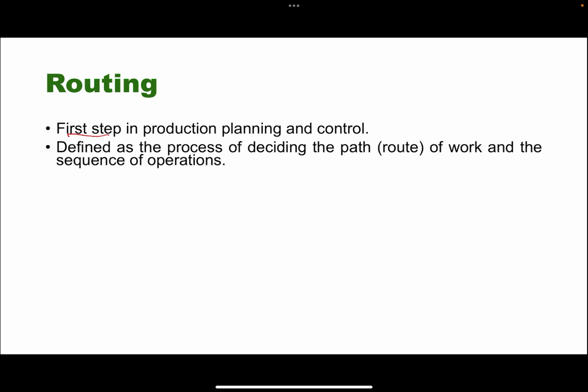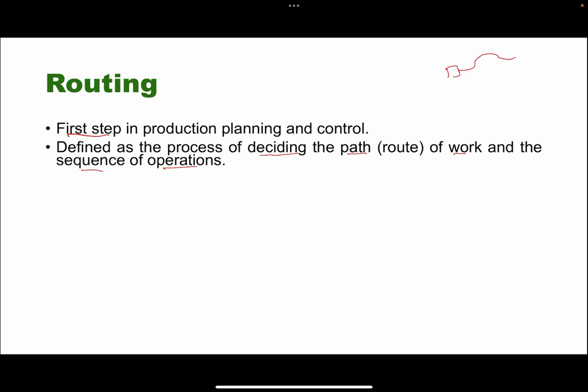So what do you mean by routing? Routing is the first step in production planning and control. It is defined as the process of deciding the path of work and the sequence of operations. That means in a machine shop, we have seen that the material moves in a particular path.